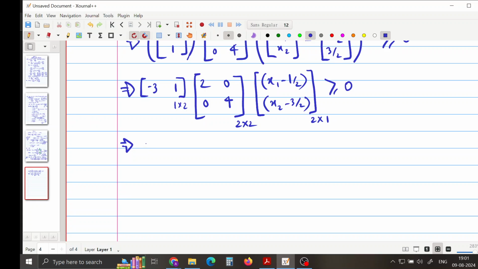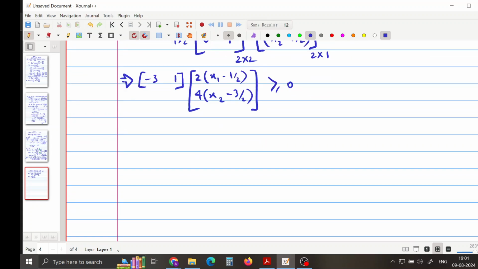So what do I have? This is 2 times x1 minus half, 4 times x2 minus 3 by 2, should be greater than or equal to 0.